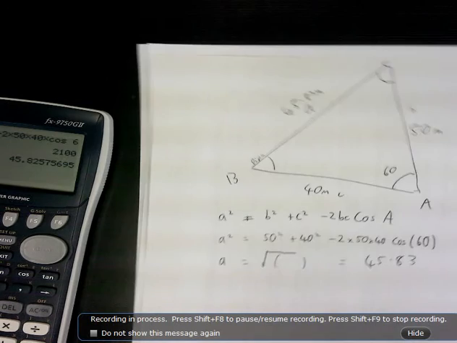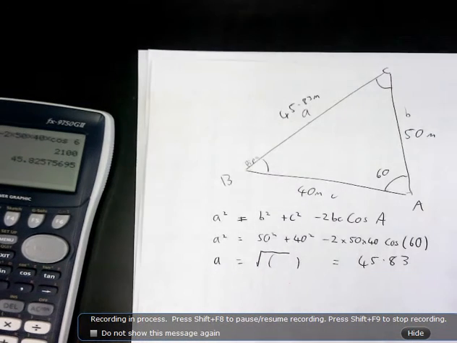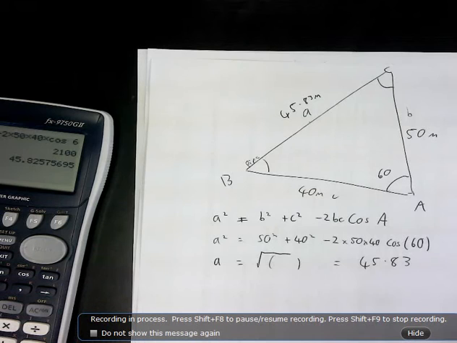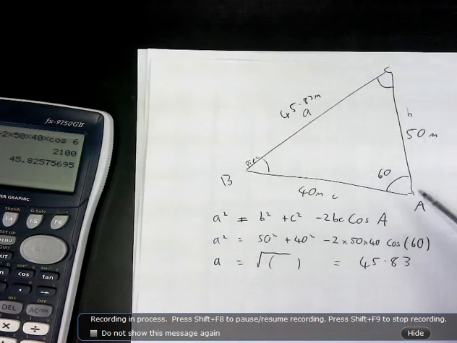Now I want to work out both these other angles just to make the rest of the problem easier. So I'm going to do that now using the sine rule, because now I have an angle and its opposite side available.